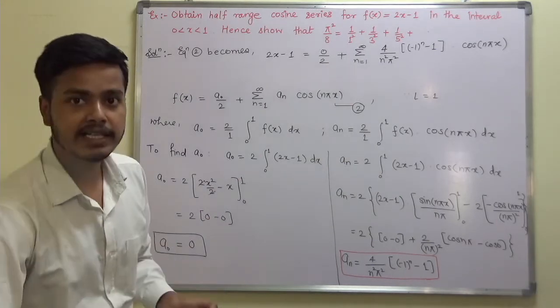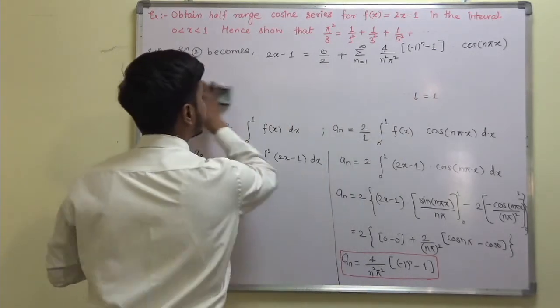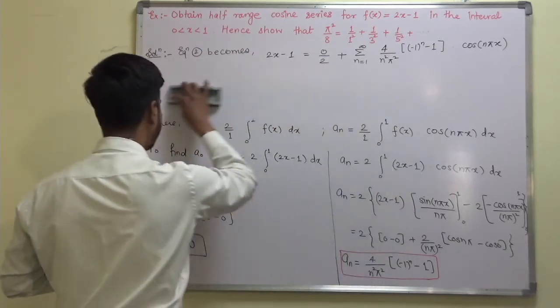If you want, you can write it more precisely by removing the term a0 by 2, since it is 0, and there is no need to write it.